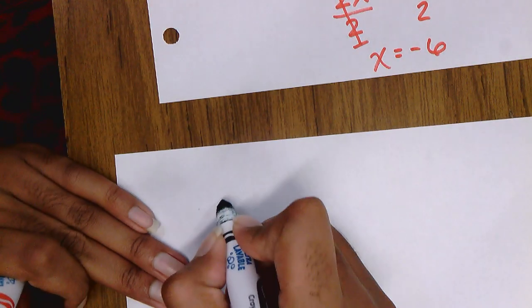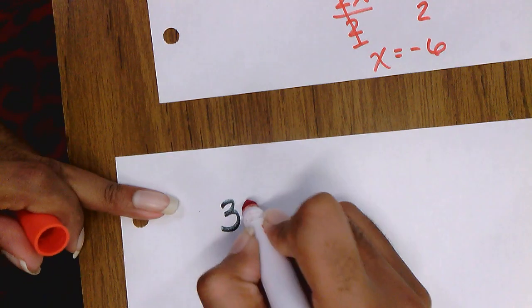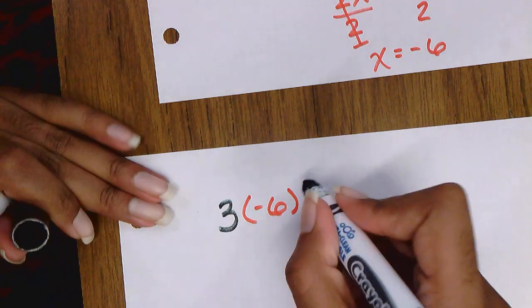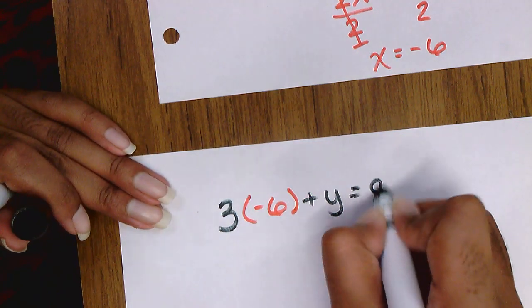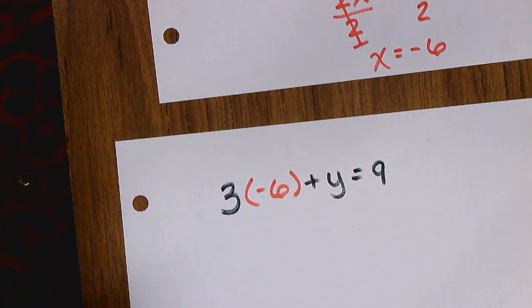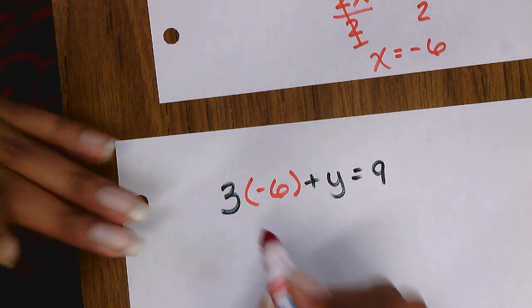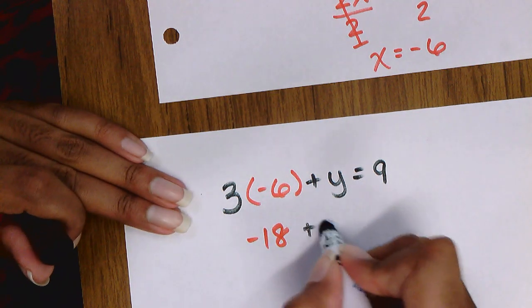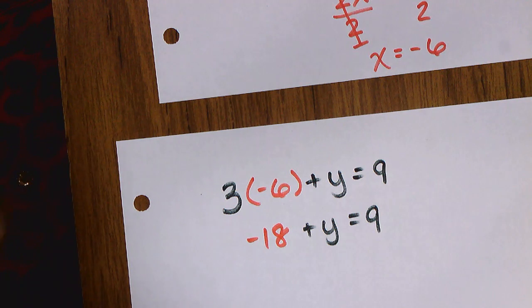So our second equation was 3x plus y equals 9. So 3, instead of x, we're going to put negative 6 in parentheses, plus y equals 9. So 3 times negative 6 is negative 18, plus y equals 9. And then we're going to solve for y.